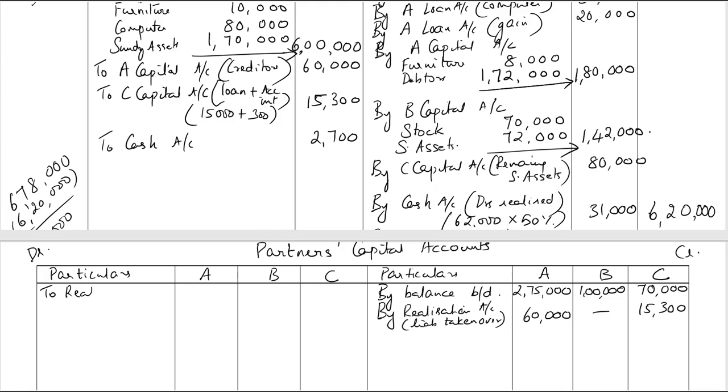And for assets taken over, on the credit side of the realization account, A takes over total sundry assets of 1,80,000. B takes over 1,42,000 rupees. And C takes over totally 80,000 rupees.